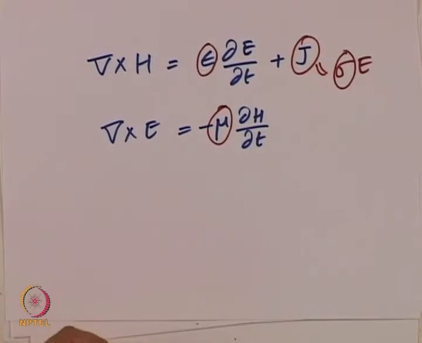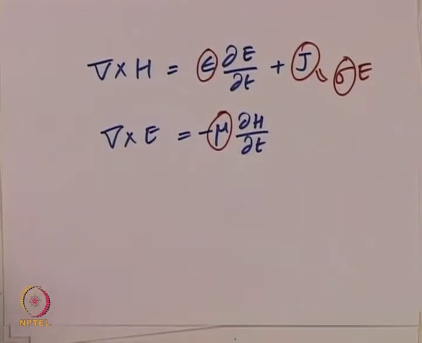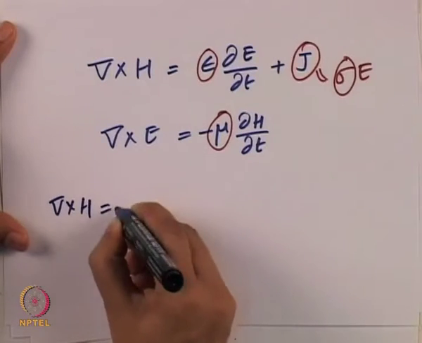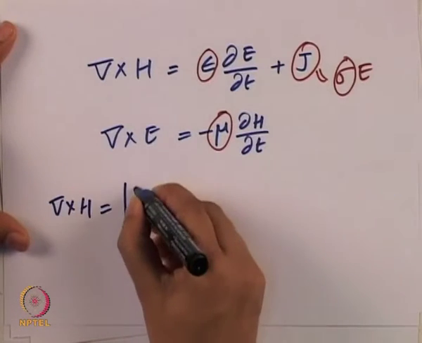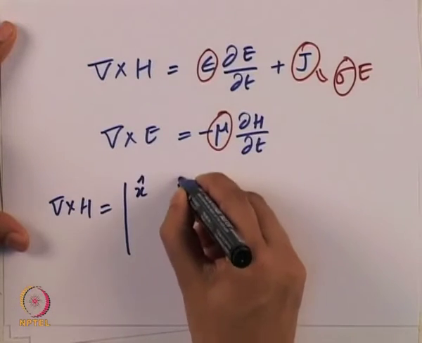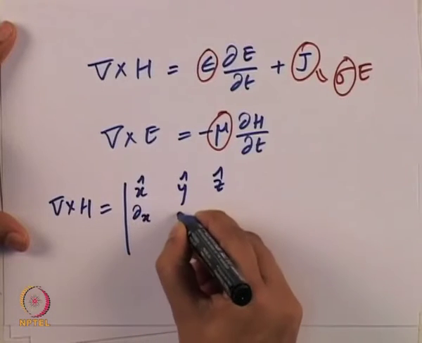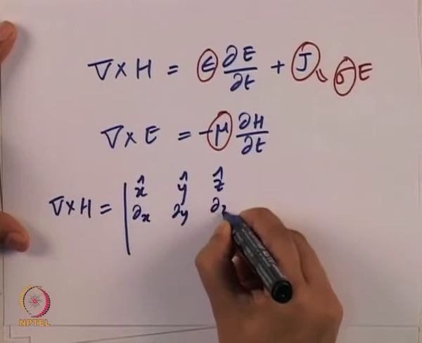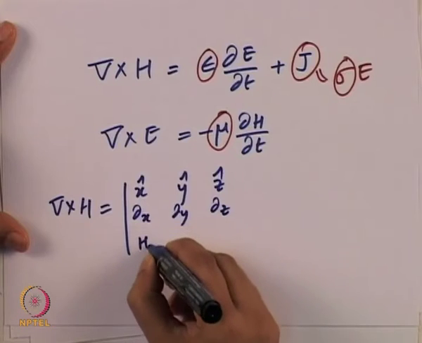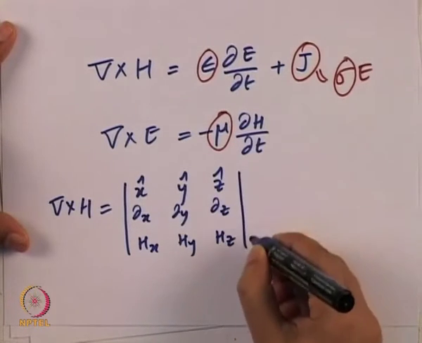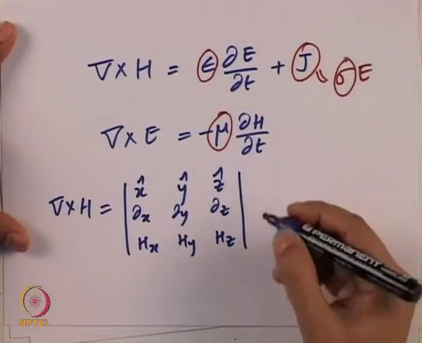If we write this expression in an expanded form, the curl of H is going to be written as a determinant with x, y and z, dou x, dou y, dou z, and Hx, Hy, Hz. So it is going to have three components.